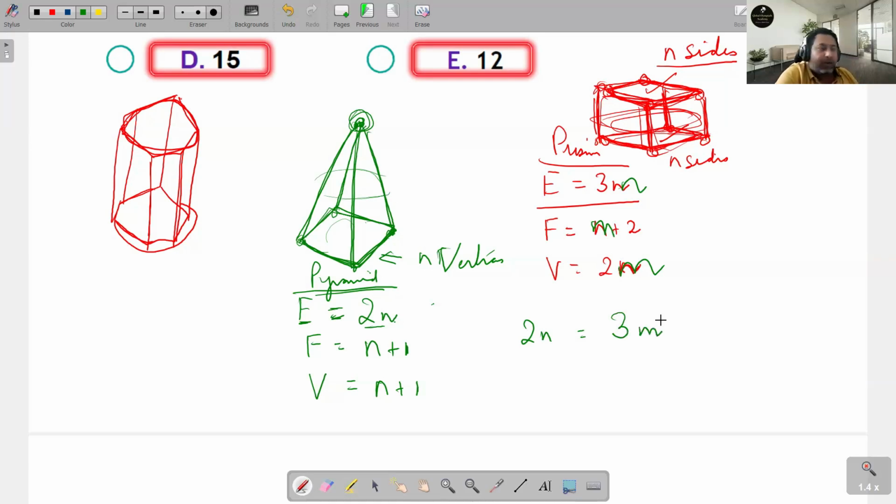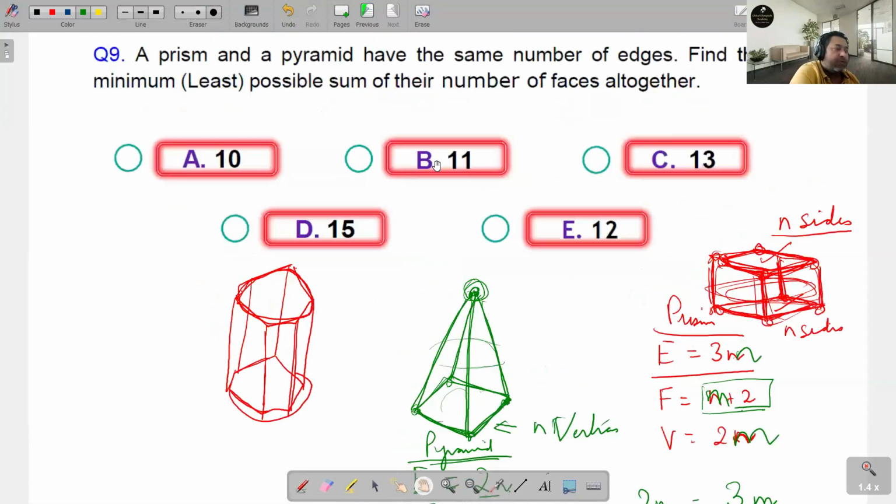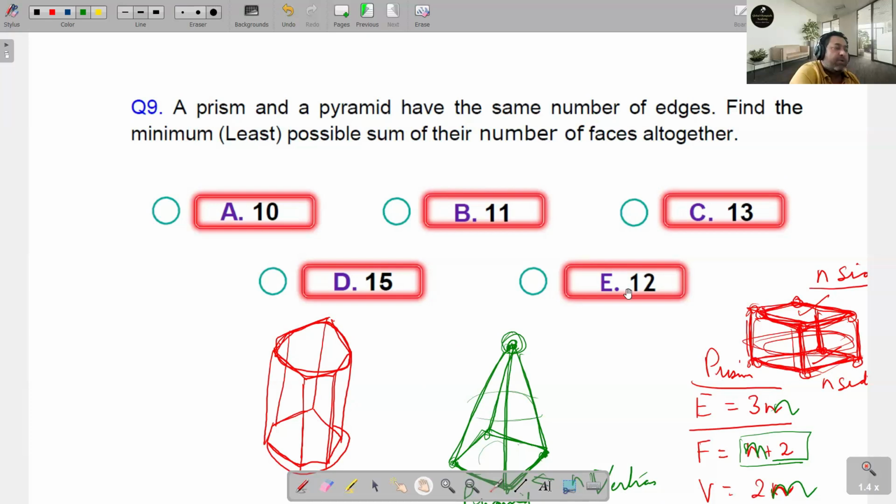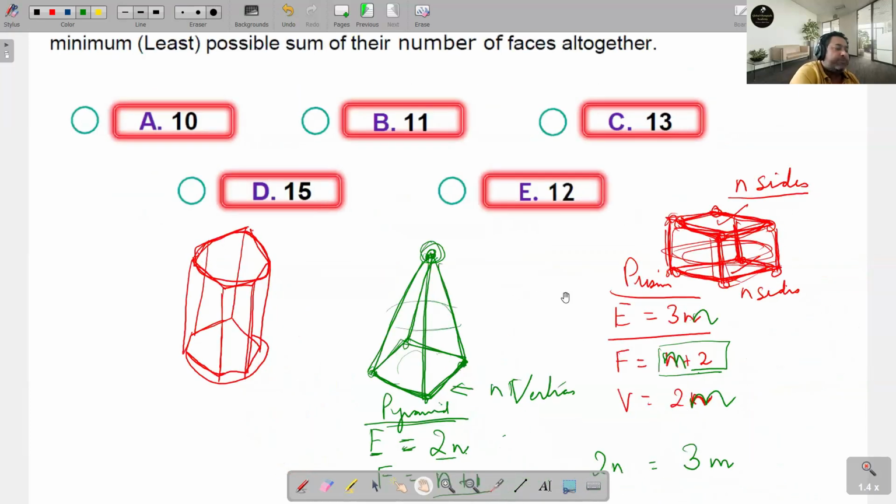Now the faces are expressions in terms of m and n. The lower the m and n, the fewer the number of faces will be, which is our objective: to find the least possible sum of their number of faces.